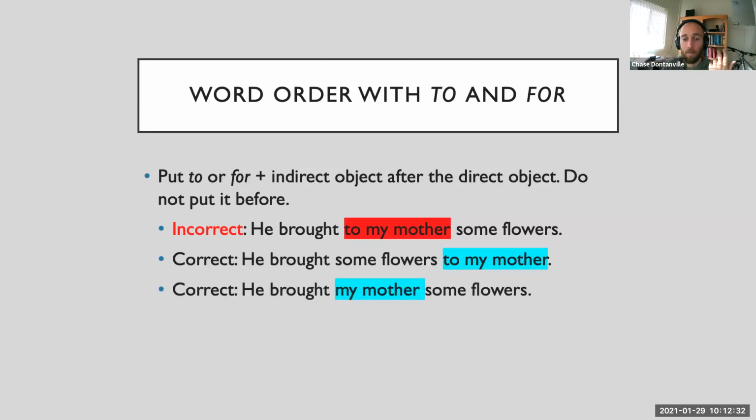Or he brought my mother some flowers. Okay, so just remember, if you put the indirect object first, you delete to or for. If you put the indirect object second, you keep to or for.